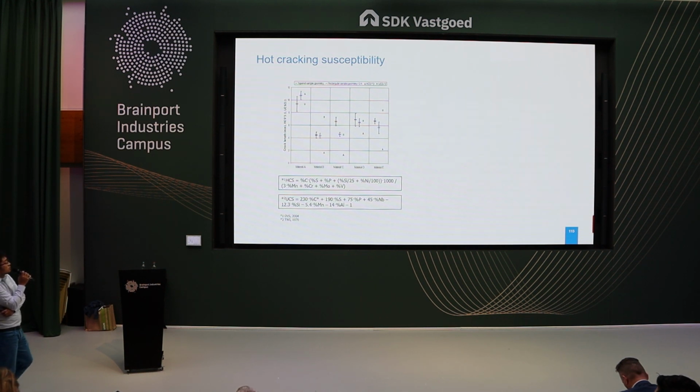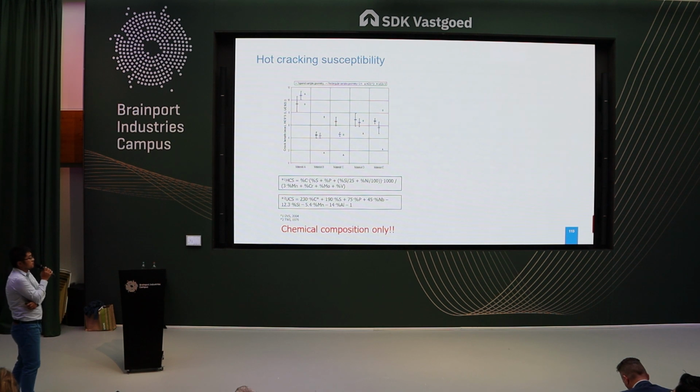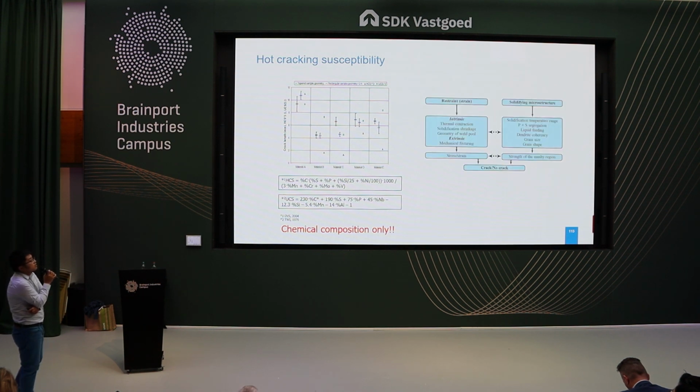But if you look at the figure, the two indexes don't match very well with the experimental measurement. The reason is very simple: in these equations there is only chemical composition. But welding is a very dynamic process which involves local melting, high thermal gradients, non-uniform plastic deformation, residual stresses, microstructure evolution, and also segregation of elements.